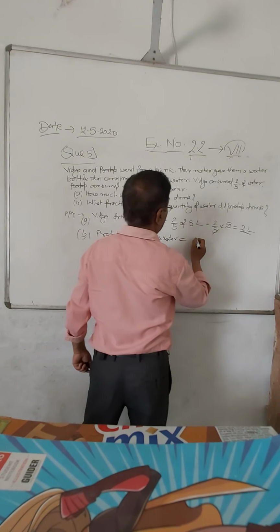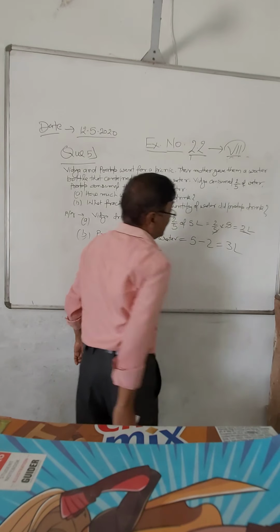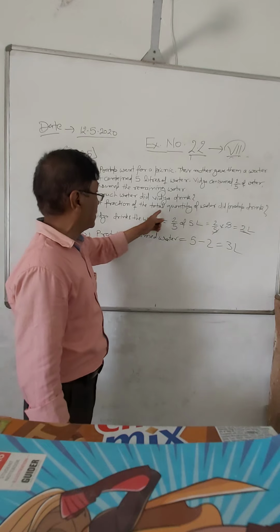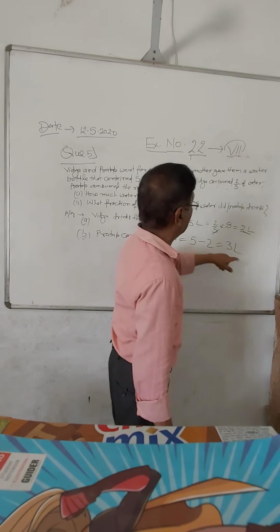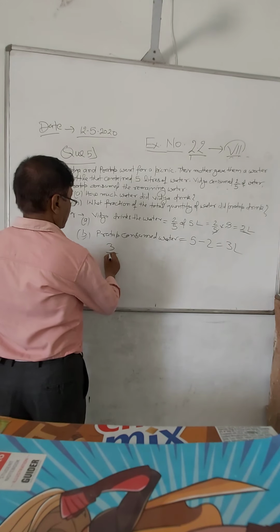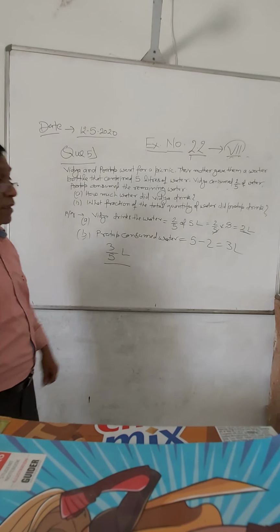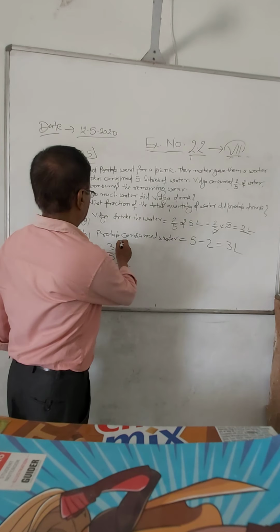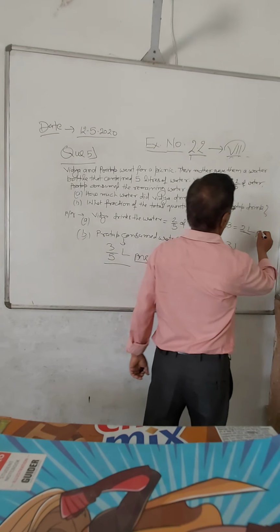Since it was previously 5 liter minus 2, it is 3 liter. 3 liter of water Pratap ने कंज्यूम किया. बट इट इज आस्क्ड दैट व्हाट फ्रैक्शन ऑफ द टोटल क्वांटिटी. ये 3 लीटर जो है ये टोटल क्वांटिटी का कितना फ्रैक्शन है? So that will become 3/5. 5 लीटर में 3 लीटर अगर पीता है तो कितना फ्रैक्शन पीता है? 3/5 प्रताप कंज्यूम्स. That will be the answer of this.